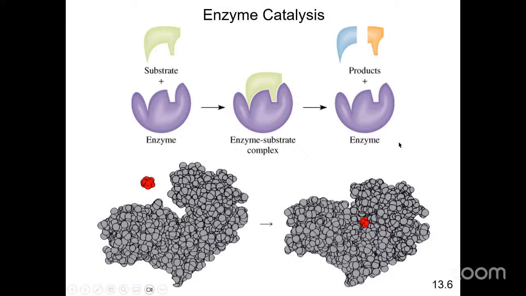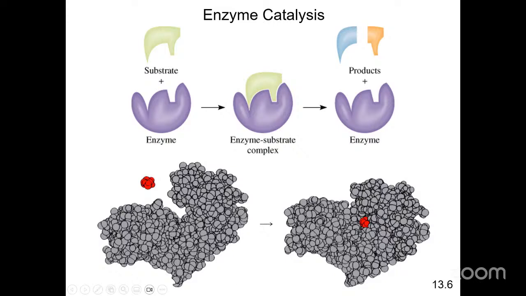So, for example, the enzyme that exists in our saliva, amylase, is used to basically break down any starch material that you might consume, and so on and so forth. And this is actually a three-dimensional space-filling model of such a reaction. Now, I don't remember what exactly the substrate is or what the enzyme is.